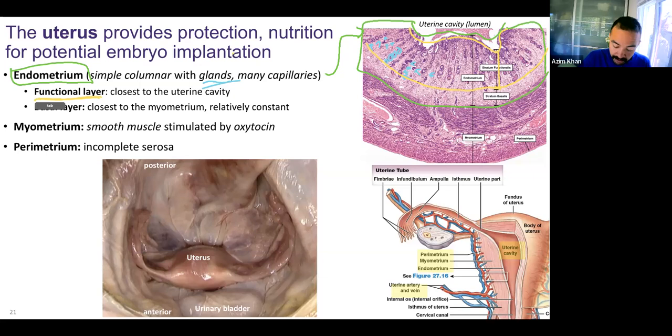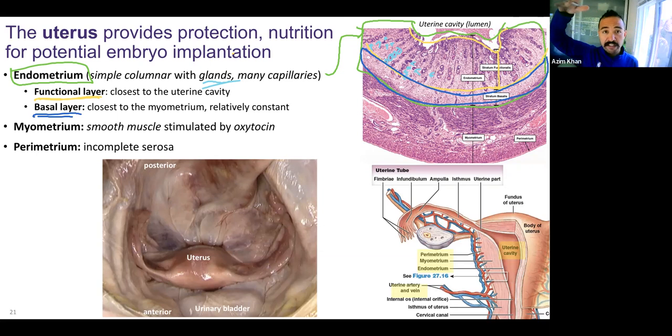The basal layer, which I'll color in dark blue, is the unchanging part. This will always stay constant. Growing off of the basal layer, you'll get more and more glands, more and more blood vessels at peak fertility, and then that will shed off at the end of the menstrual cycle, causing a period.